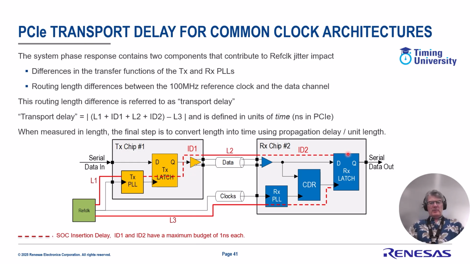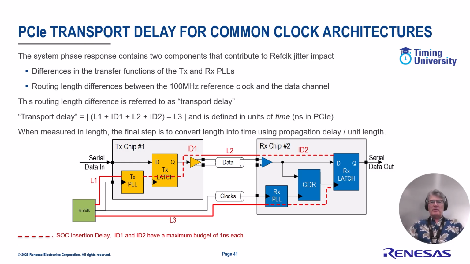We can measure the transport delay in length or in units of time. If we measure in length, we will need to convert it into time by using the intrinsic propagation delay of the FR4, for instance, the PCB material, to do that conversion. So the routing difference between the top here and the bottom is what's referred to as transport delay.